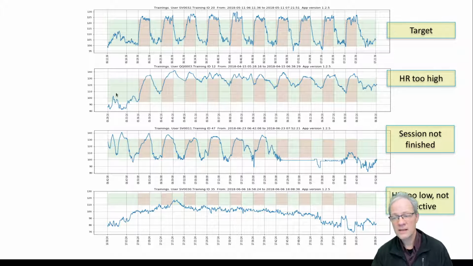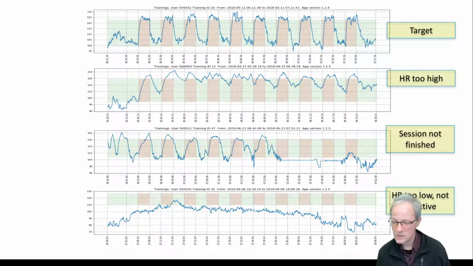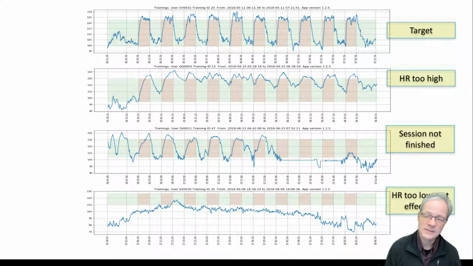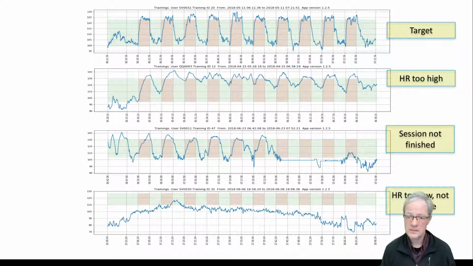Now, if we look at another one, here you can see that the heart rate goes up and it never goes down. So this person could not cool down their heart for the rest periods. So was it because they did not walk slow? Or was it because their body would not be adapted so well? It's a bit hard to tell at this point, right?